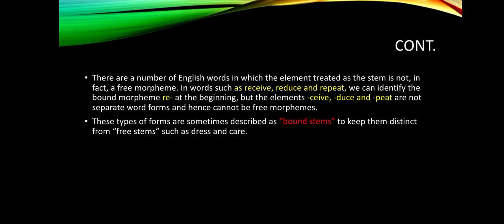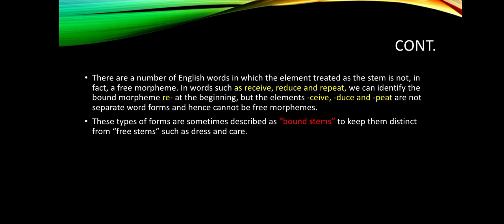In one of the previous slides, I told you that all stems are not containers of meanings or single standing whole words. Now we will see how and why. There are a number of English words in which the elements treated as the stem are not in fact free morphemes. In words such as receive, reduce, repeat, we can identify the bound morpheme re, which is a prefix at the beginning, but the elements which are left behind.